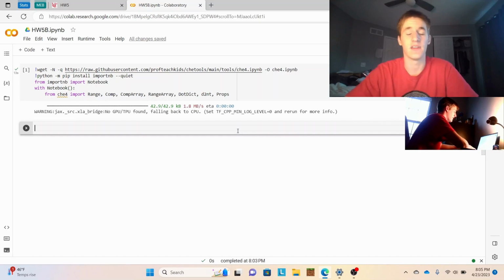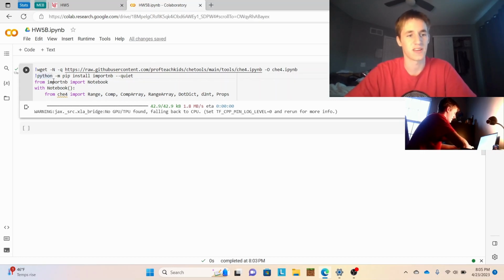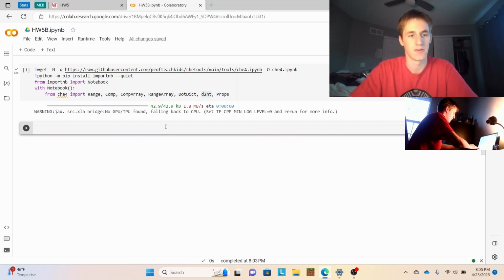Here I am in Colab. So right now I have this imported here. Right. So the main thing I will be using is this dictionary and this D2NT that will convert the dictionary to a named tuple. Right.